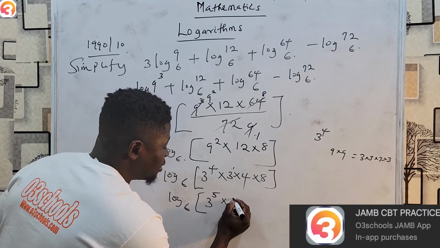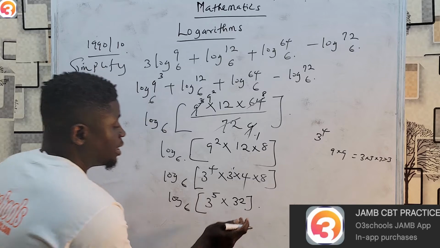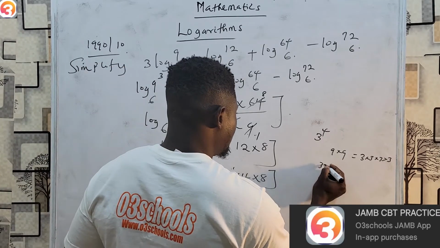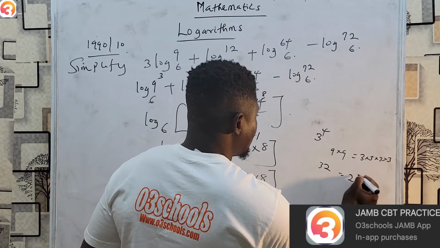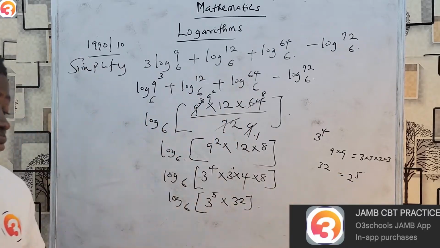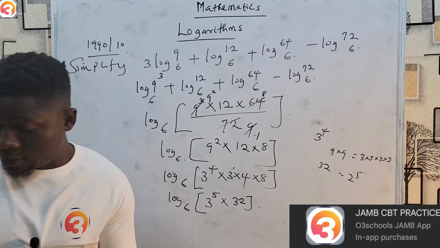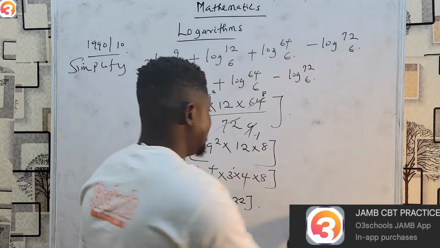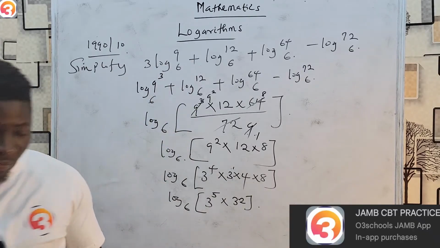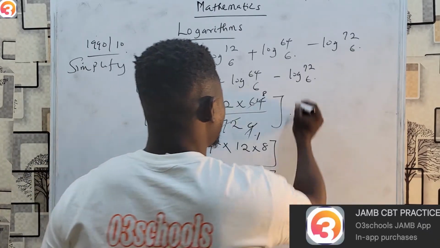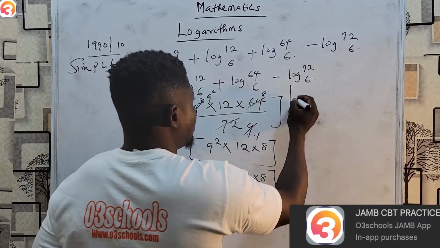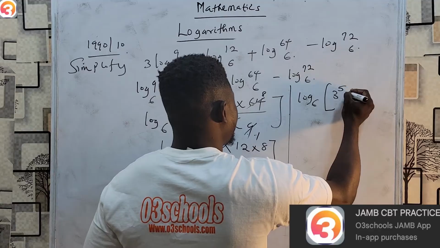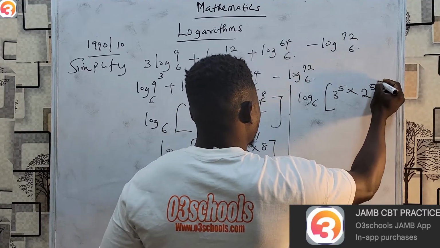Then times 32. What is 32? 32 is the same thing as 2 raised to the power 5, isn't it? 2 times 2 is 4, 4 times 2 is 8, 8 times 2 is 16, 16 times 2 is 32. So that's the same thing as 2 raised to the power 5. That means we can continue here and say logarithm base 6 of bracket 3 raised to the power 5 times 2 raised to the power 5.